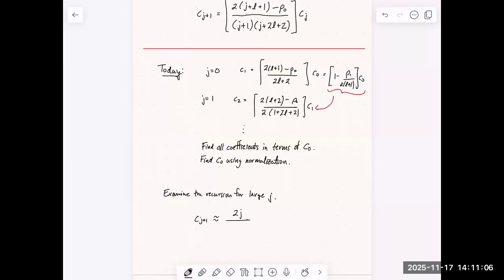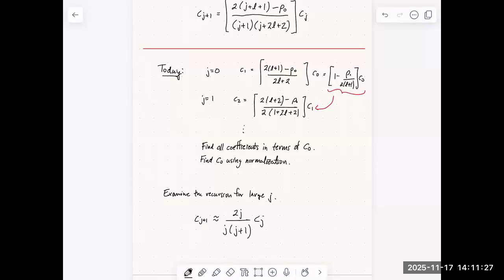In the denominator, I have a j plus 1 and I have a j plus 2l plus 2. So what I'm going to do is I will take j and then the j plus 1 and then the cj.